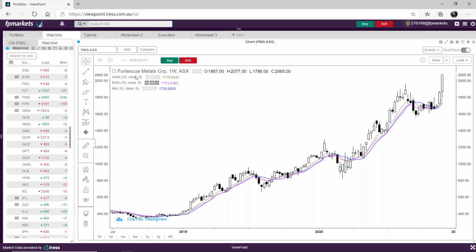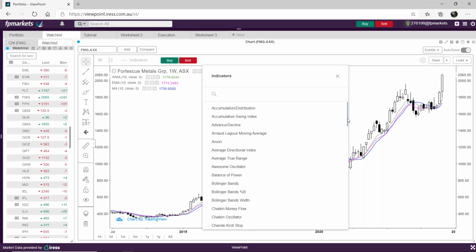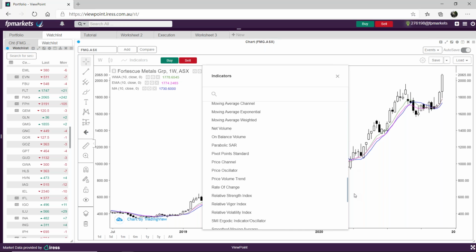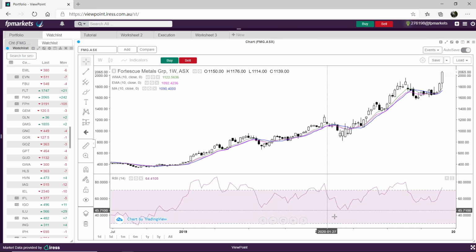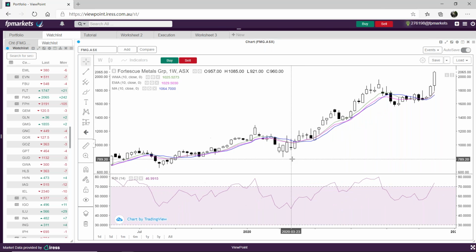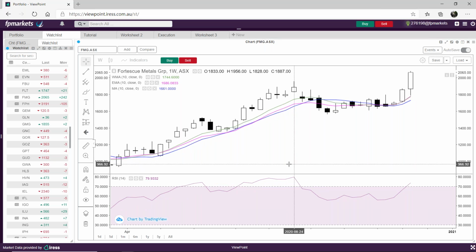No issue with that. So let's take a look at our relative strength. When we bring a relative strength indicator in here, we can see straight away that the market made a new high back in early June.